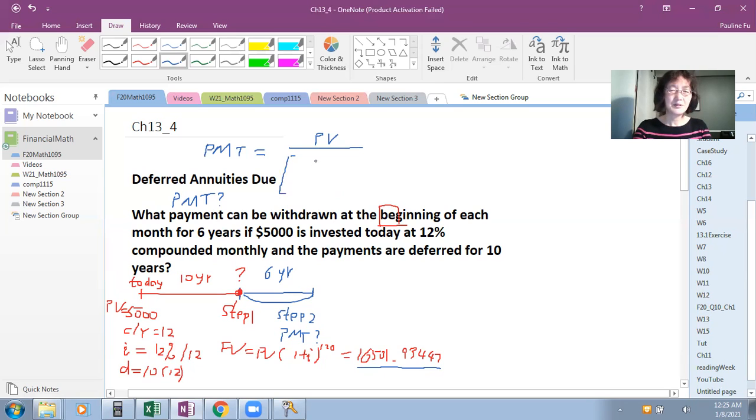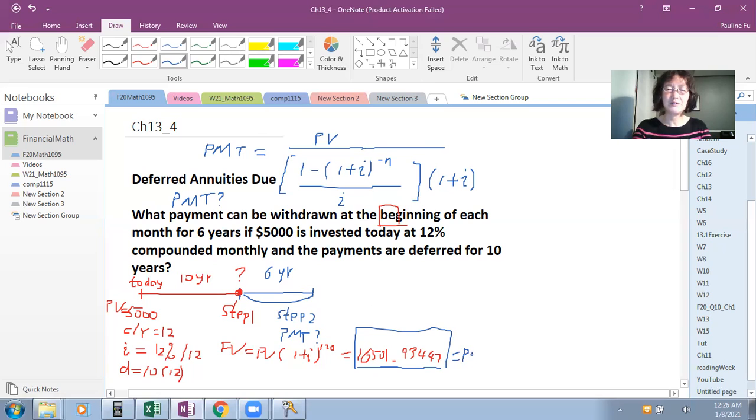Divided by 1 minus 1 plus I raised to power negative n over I, and because this is annuity due, we have to multiply 1 plus I as adjustment. Okay. And here, this number, this one is PV for annuity.